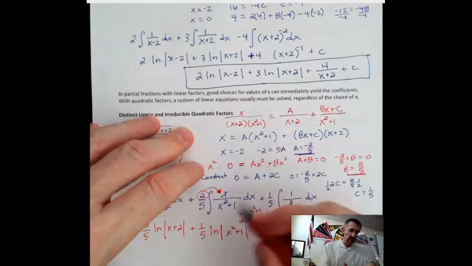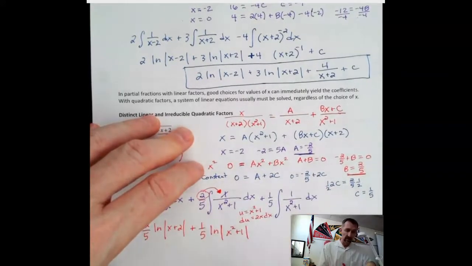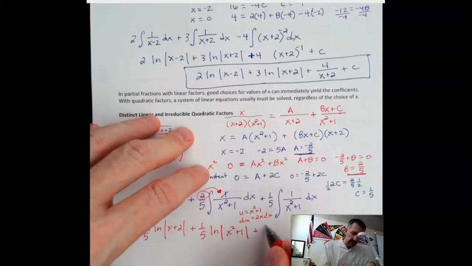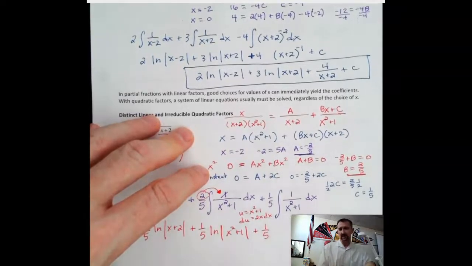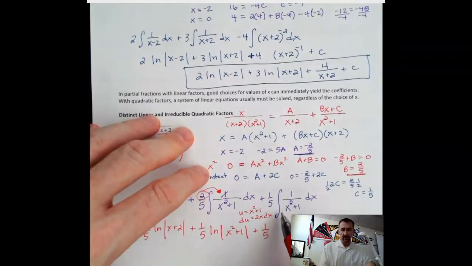Okay, hopefully you followed that all right. And then, stepping over here, this one probably is going to throw you off a little bit. Threw me off for a second. That is actually the inverse tangent. If you remember, the inverse sine and inverse cosine have square roots down there.